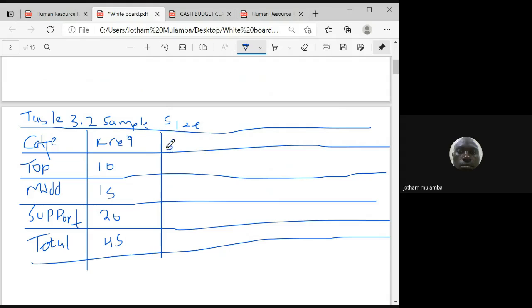So we'll have here sample size. Sample, and I've said we'll use 90%. Then we'll have here percentage.